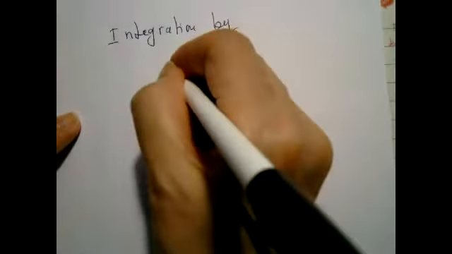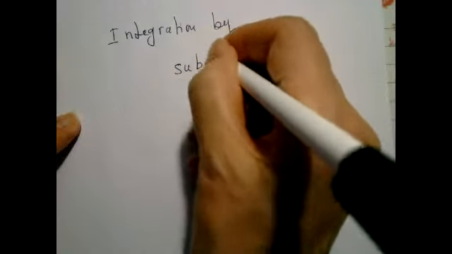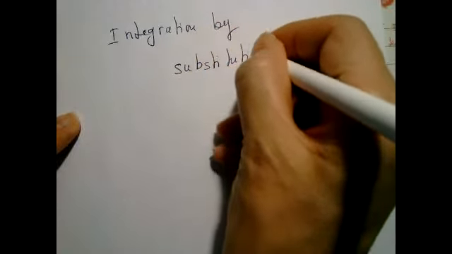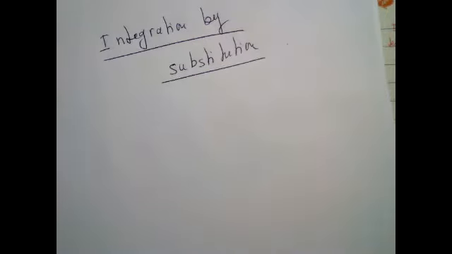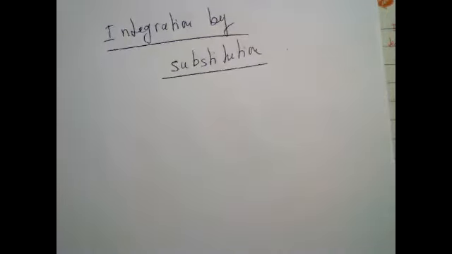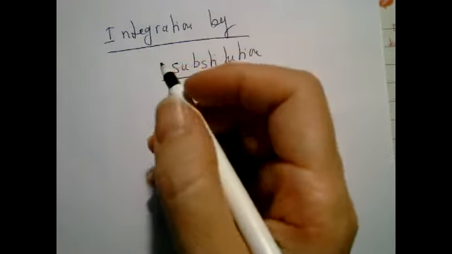Okay. So integration by substitution. Again, that's the second review for this course. So let us see what the issue is and how we're going to remedy this issue. So here's the idea.